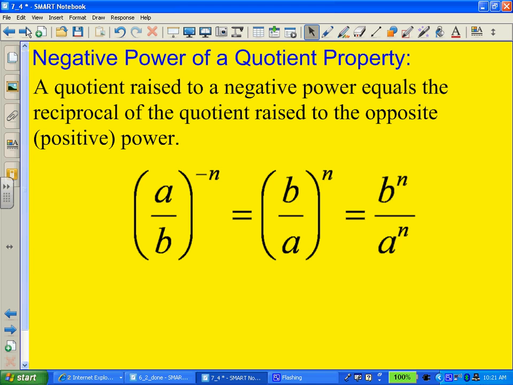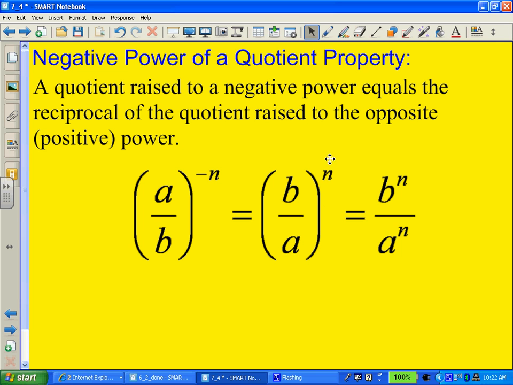Now one last property to talk about here is what happens when we have a quotient raised to a negative power. Okay? And we had one of these, I think we came across in 7.1 that we talked about a little bit, but here's the actual rule that we can use. What we're going to do when we have a quotient raised to a negative power, the very first thing we do is we're going to flip the fraction.